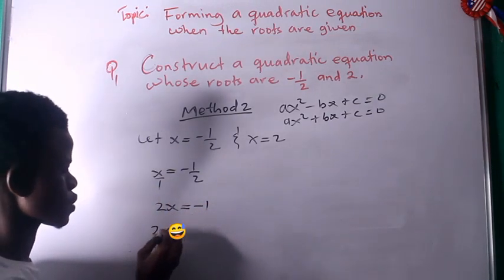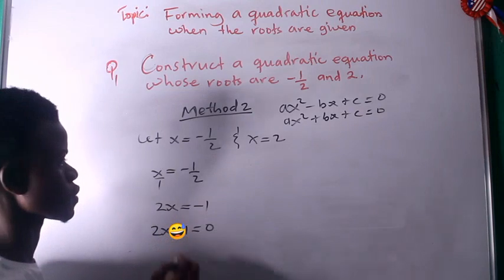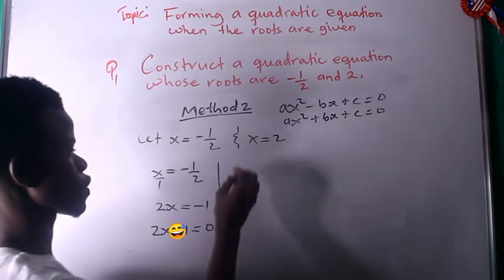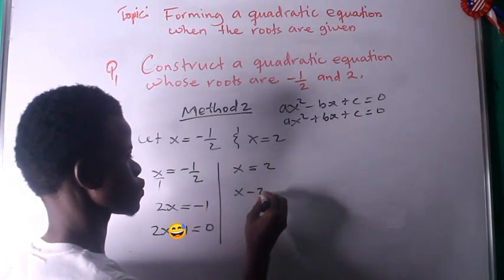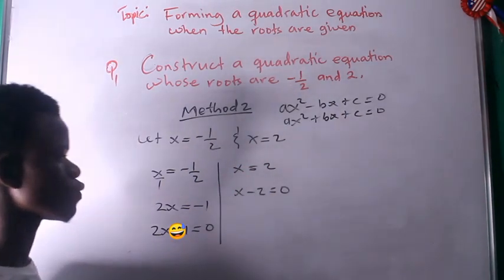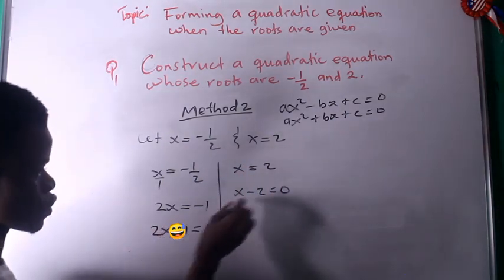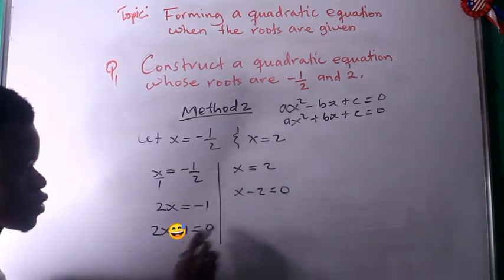We bring it across: 2x plus 1 is equal to 0. We keep this one and go to the next one. x is equal to 2. Bring the 2 across, x minus 2 is equal to 0. Now we find the product of these two and make it equal to 0.